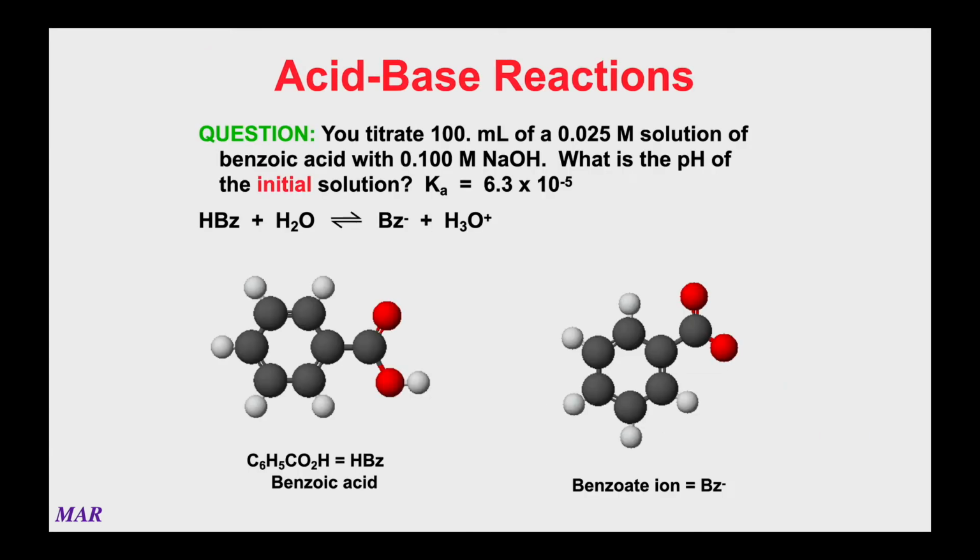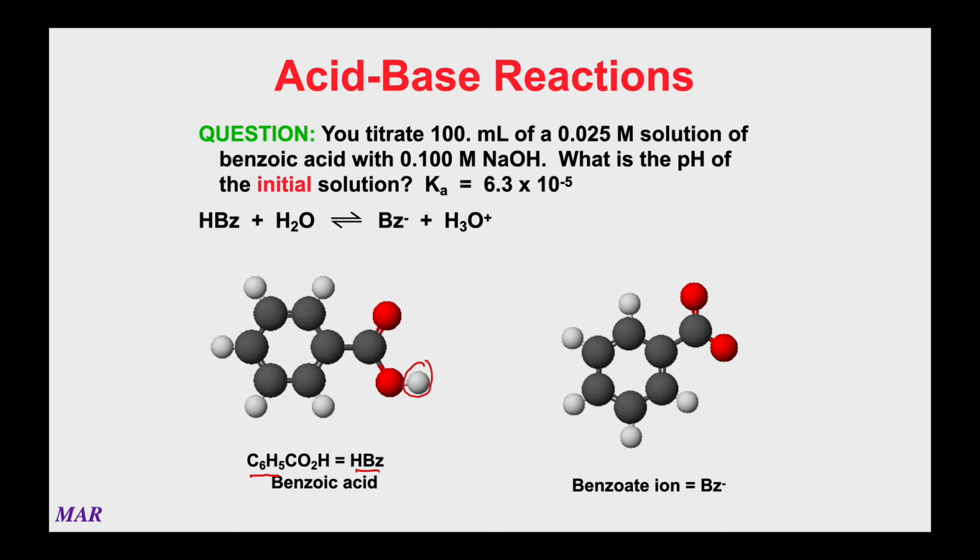Let's do a problem. This is a question where we have 100 milliliters of a 0.025 molar benzoic acid solution. Now, benzoic acid is a benzene ring, C6H5, with essentially a carboxylic acid group on it, COOH. I'm going to abbreviate this HBZ because that's too many atoms. This is the acidic hydrogen right there.